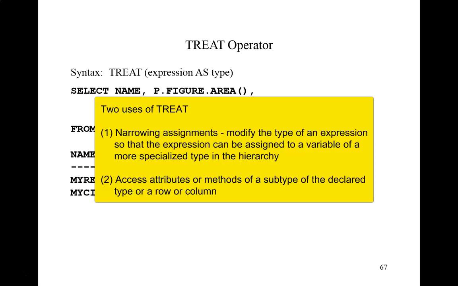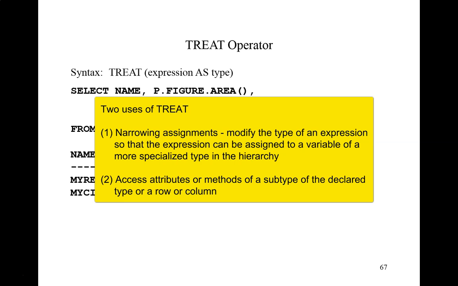There are two main uses of treat. One is narrowing assignments, to modify the type of an expression so that the expression can be assigned to a variable of a more specialized type in the hierarchy. That is, to set a supertype value into a subtype. The other is to access attributes or methods of a subtype of the declared type of a row or column.